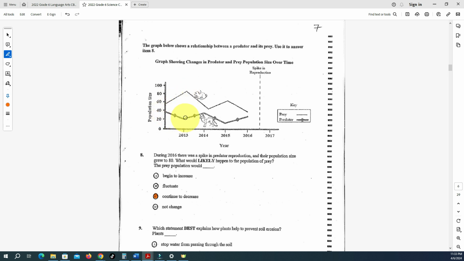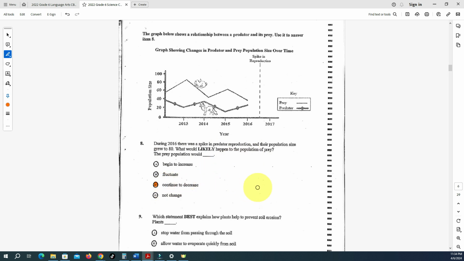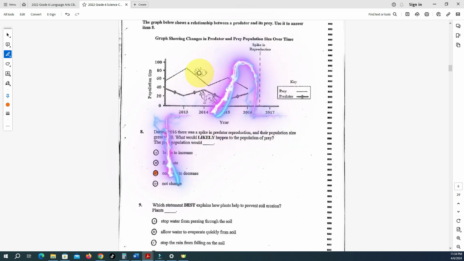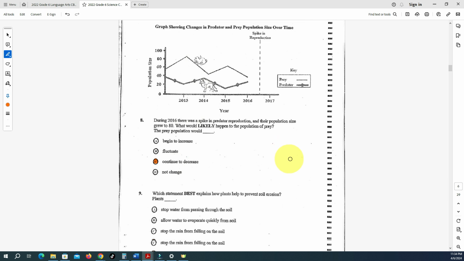So when the population of the predator goes up, the population of the prey goes down. So if this is asking us if there's an increase for the population of the predator, then definitely I chose that the population of the prey would continue to decrease.